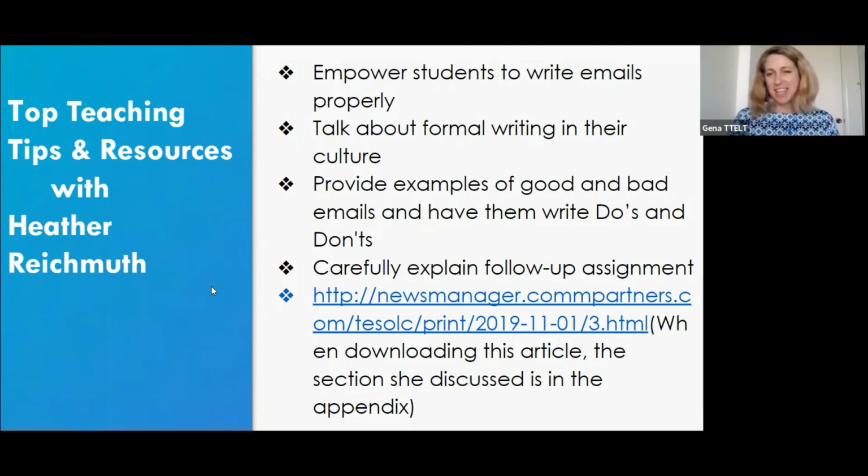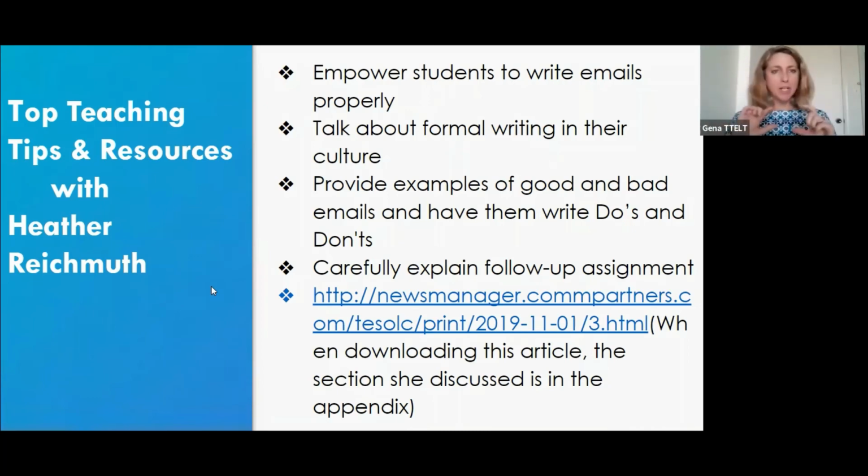The last thing I wanted to mention while we're talking about this article that she discussed is when you download the article, you need to click on the link that I'm going to provide you, and it has a great summary of the article.